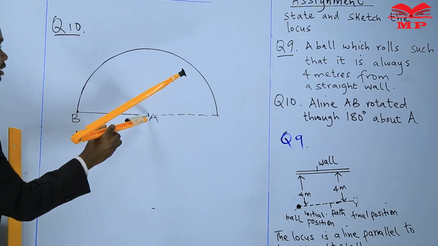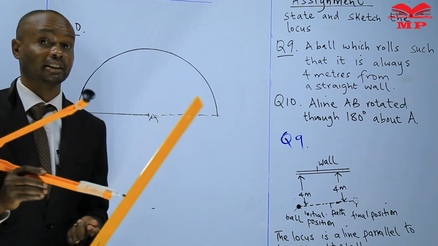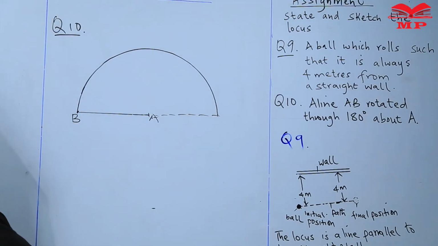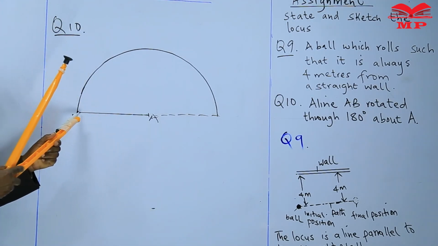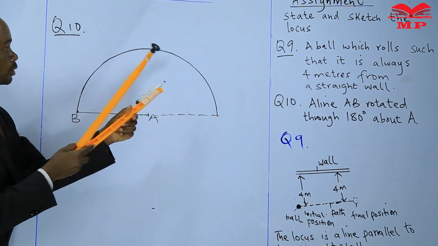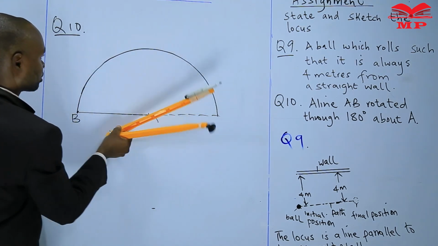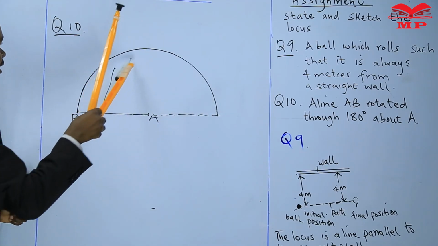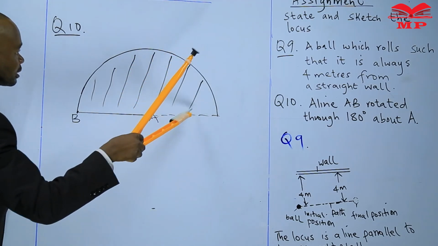It was the line that was being rotated. What you should notice is that every point on that line is moving. It is not a single point as in the other question. Every point on this line will be moving, so it will sweep a region.